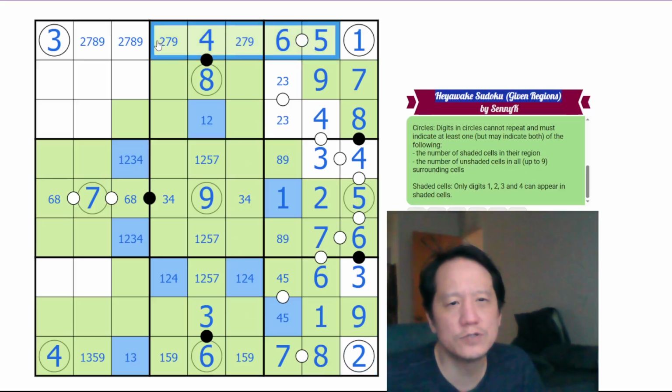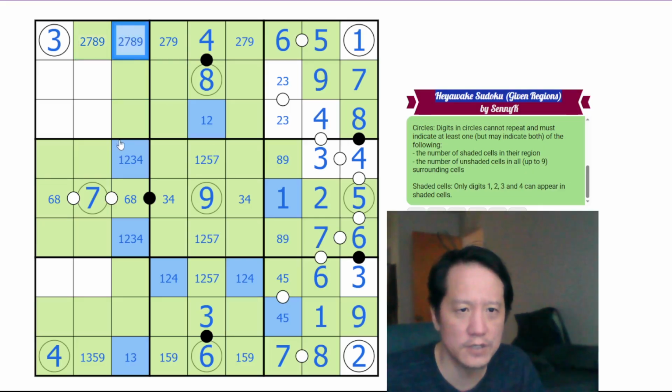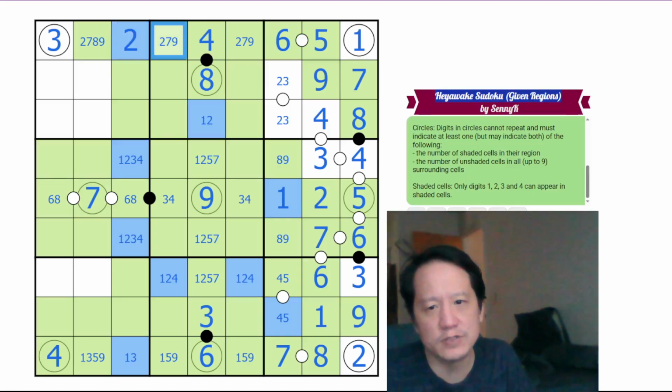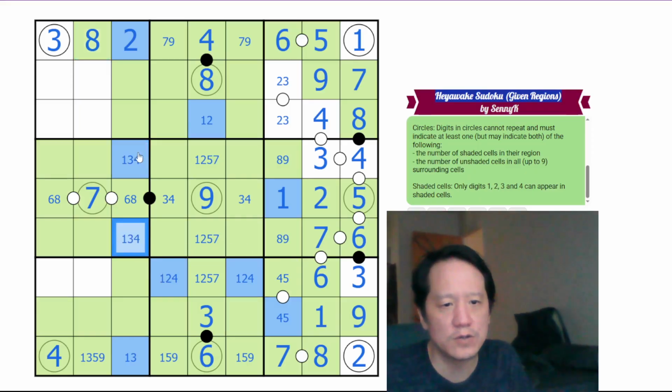This has 2 shaded cells, or this is unshaded cells going through with 1 region border. So this cannot be shaded. It's unshaded, which means these are unshaded. This is shaded, so these are unshaded. This has to be a 2, which eliminates 2 in the rest of the row. This is 7, 9 as a pair, which eliminates 7, 9 in the rest of the row, so this is 8. That eliminates 2 here and 2 here. So one of these is a 4.